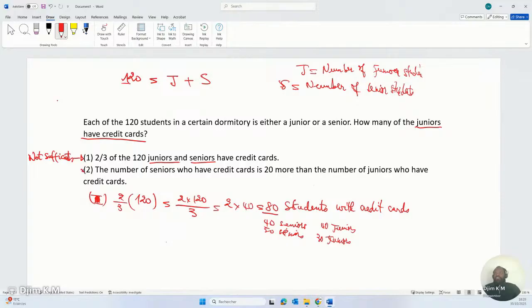The second condition is the number of seniors who have credit cards is 20 more than the number of juniors who have credit cards.